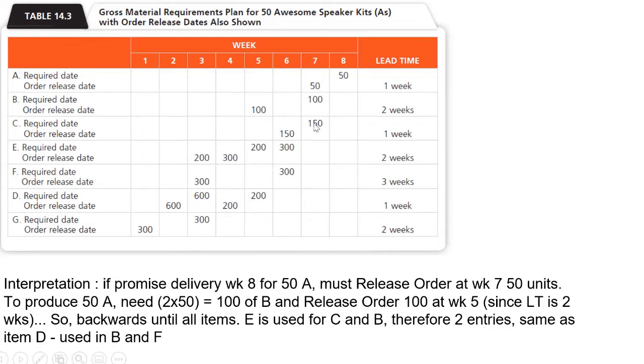We need 150 of C. It will be released on week 6. We need 2 types of requirement for E. One is for B and one is for C. It is related upwards. This is 200, 100. This is 300 to 150. Understand? This is for this.